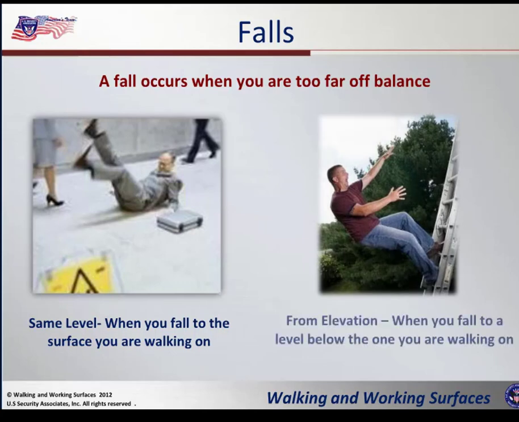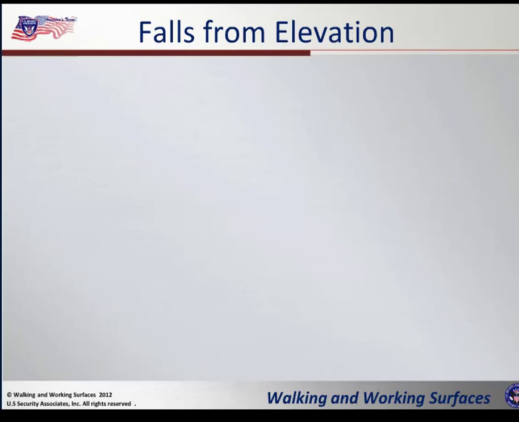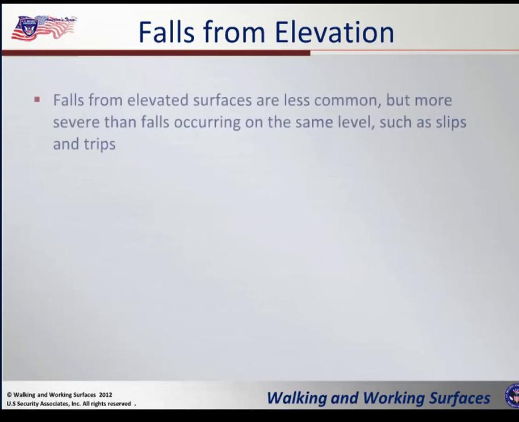And the second is a fall from an elevation, when you fall to a level below the one you're walking on. Now, when we're talking about falls from elevations, these are less common, but usually they're more severe than a trip or a fall from the same level.